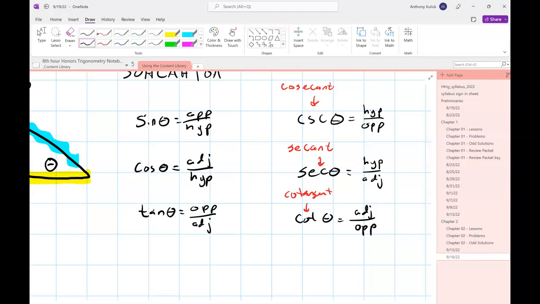All right. So at this point, you might be going, oh, crud, Mr. Kulik. Does this mean I need to memorize a whole new acronym to remember these ones? I mean, you could, but not really. Do you notice a relationship between the ratio for sine and cosecant? What is the relationship?